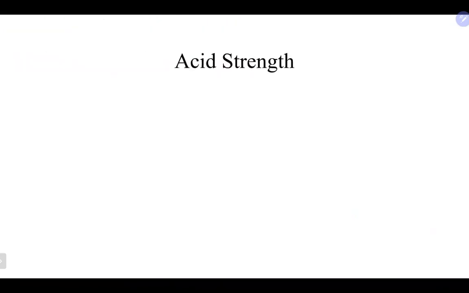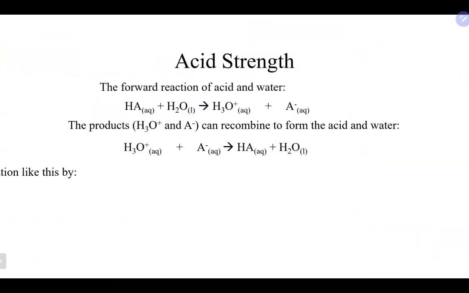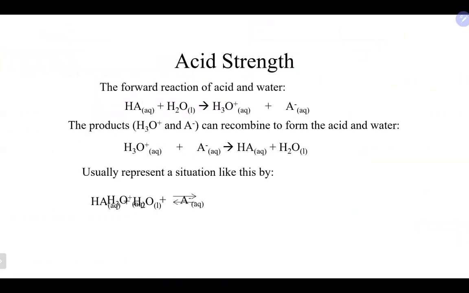So let's talk a little bit about acid strength. As we talked about, in certain cases, an acid can act as a weak electrolyte and head in both directions. And we get those arrows that go both ways.